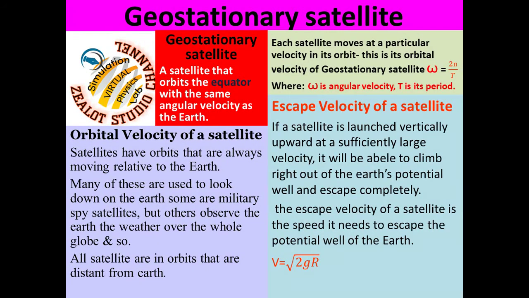So the escape velocity of the satellite is the speed it needs to escape the potential well of the Earth. Thus the escape velocity v equals the square root of 2 times g times the radius of the Earth.